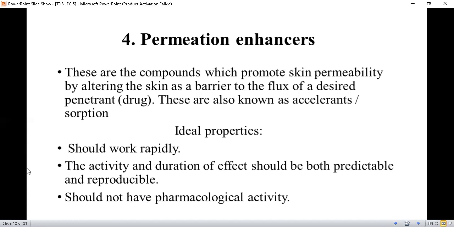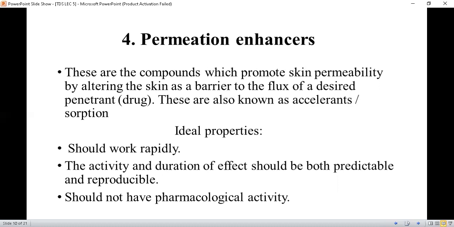Let's proceed. These are the ideal properties for the permeation enhancer. Should work rapidly. As soon as you apply adhesive on your skin, the permeation enhancer should start their work and increase the permeability of the skin for the drug which is adsorbed or suspended in a polymer matrix form.